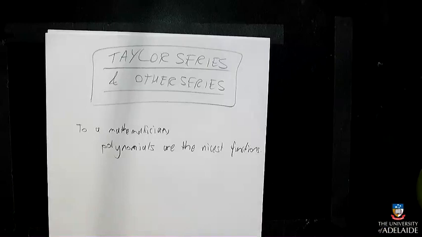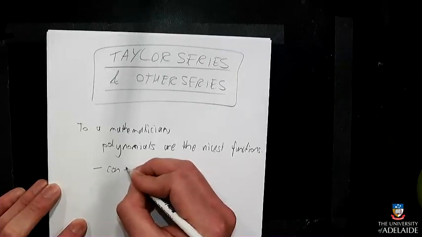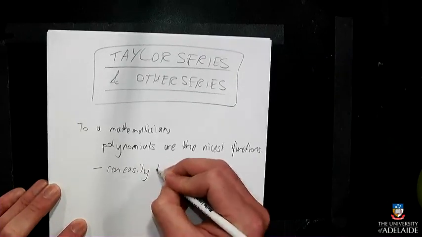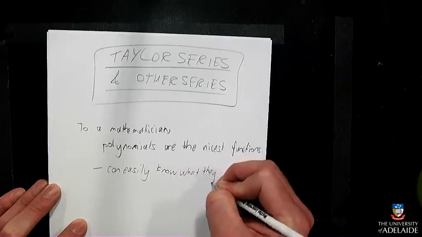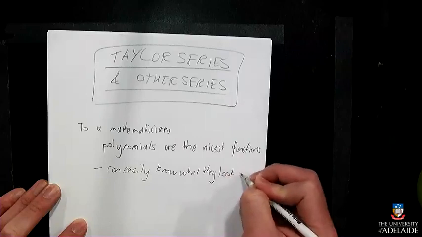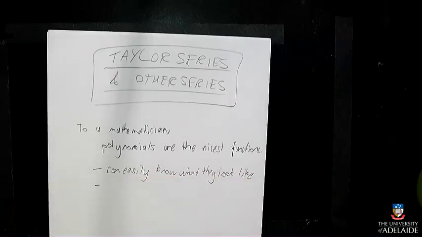And the reason we think they're the nicest is for multiple reasons. We know what they look like. It's easy to do calculus on them compared to other things. There's just one consistent rule: multiply by the current power, and put the power down by 1.